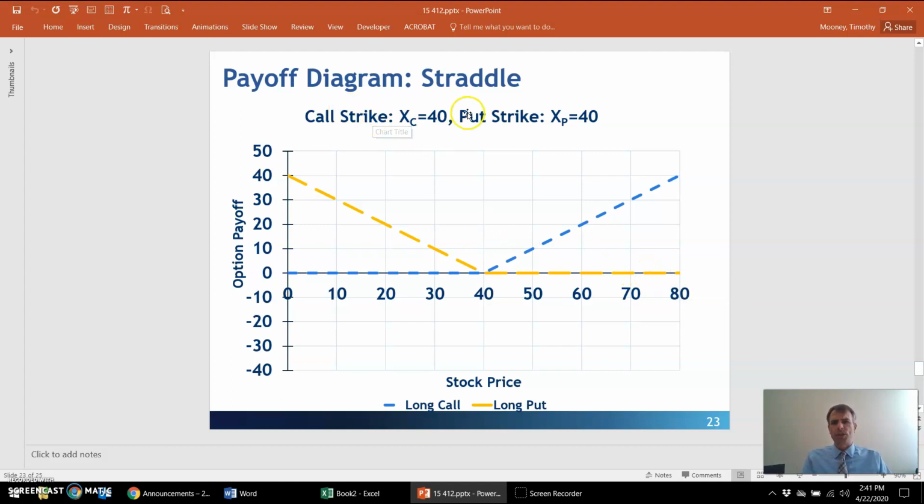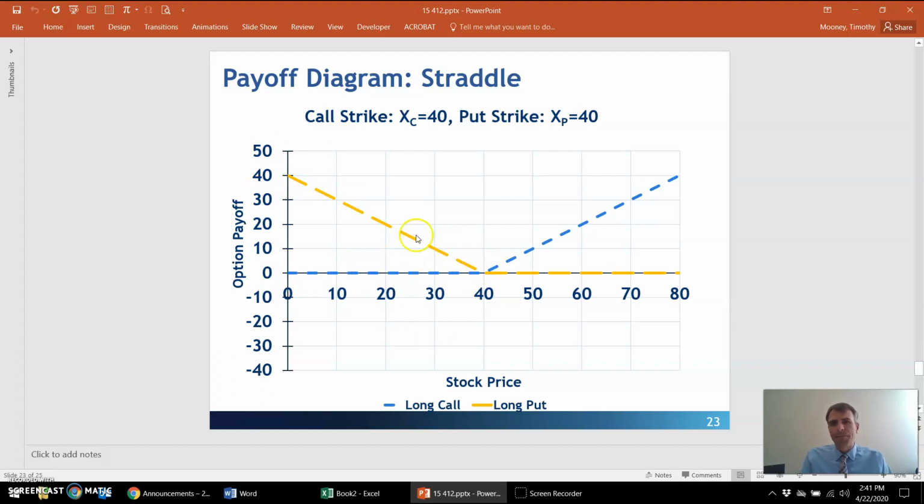And so this straddle, this option investment strategy, would just be the sum of each of these two curves at every single point. And it's pretty easy to do because when the put option is out of the money, the payoff is 0. And here's when the call option is out of the money, the payoff is 0, and the put option is in the money.